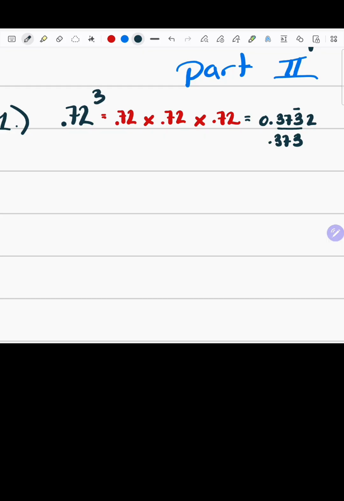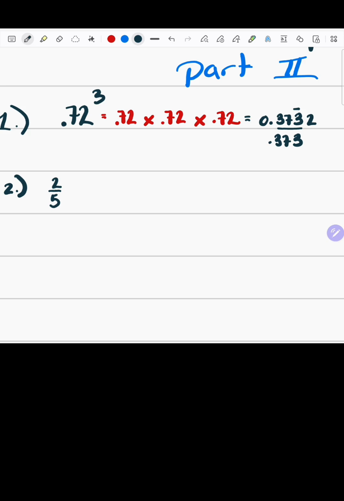Let's look at when there's a fraction that's a base. So the second example is, let's do 2/5. All right.